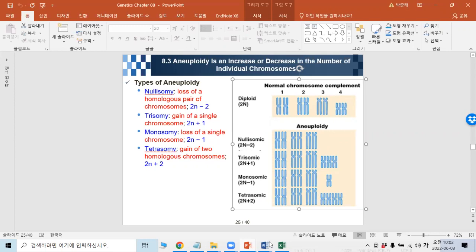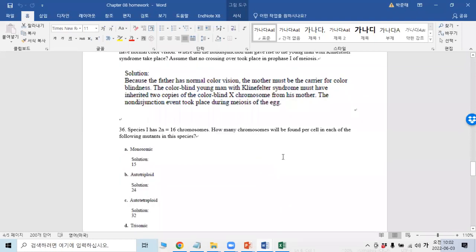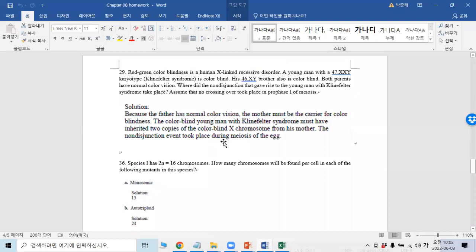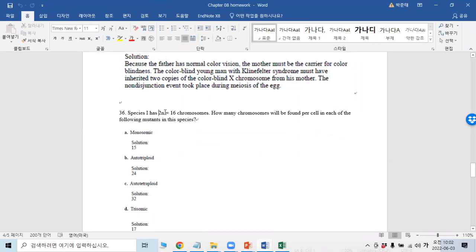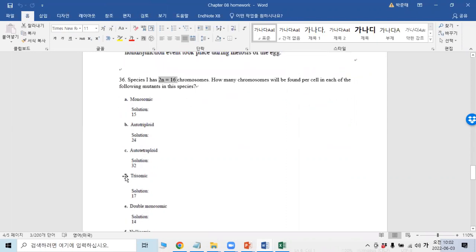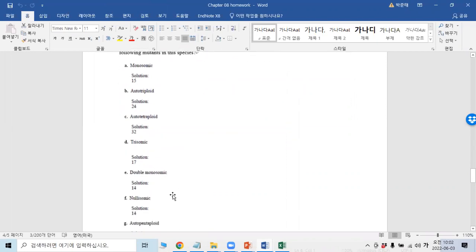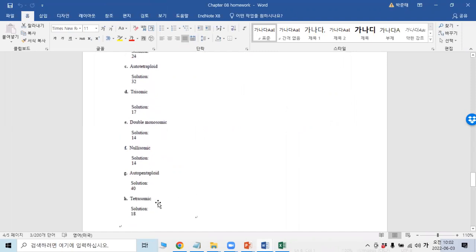You have to know this; in our homework, we cover this one. Because 2N is 16, when they are trisomic, double monosomic, nullisomic, or tetrasomic, you have to calculate their number.